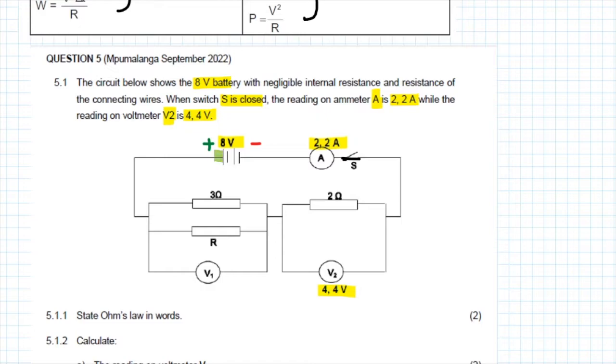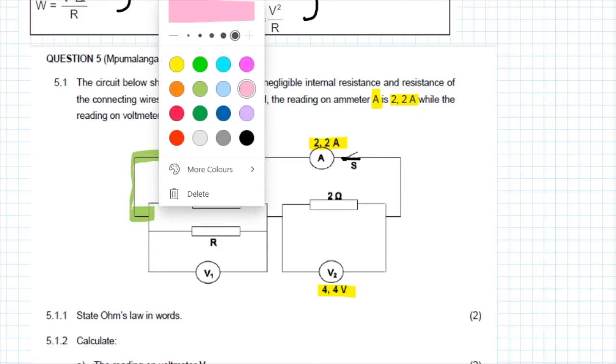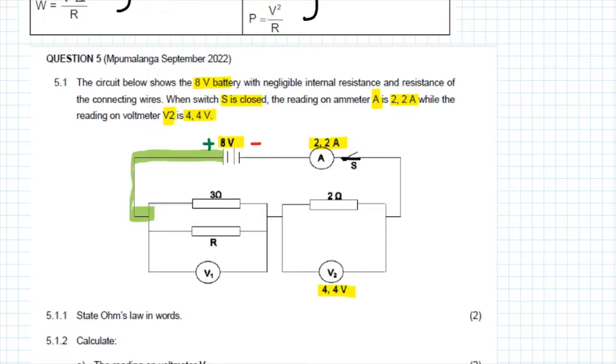Firstly, we see that it exits the positive terminal, flows down, and gets to this point. At this point, the current is going to split. Some of the current is going to go this way, and some of it is going to go that way. Then it meets up again and it's all going to flow through the 2 ohm resistor all the way around through the ammeter to the other end of the battery.